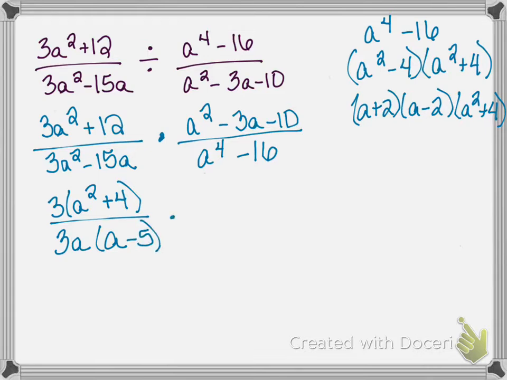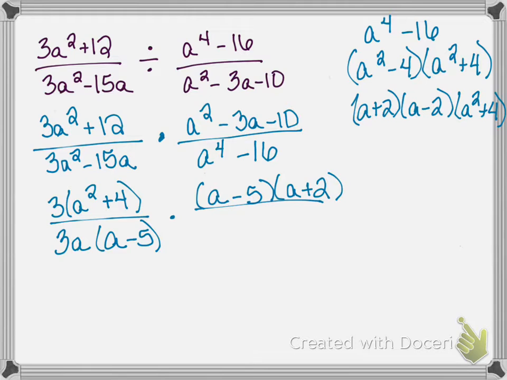My numerator on my second problem, a product of negative 10, sum of negative 3. What are my numbers? 2. What kind of 2 and what kind of 5? Negative 5. Perfect. Good job. Negative 5 times 2 is negative 10. Negative 5 plus 2 is negative 3.